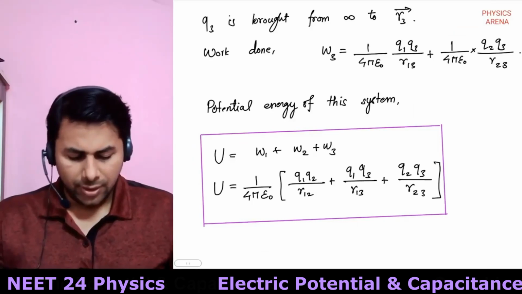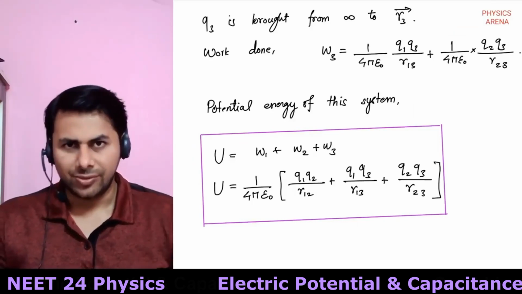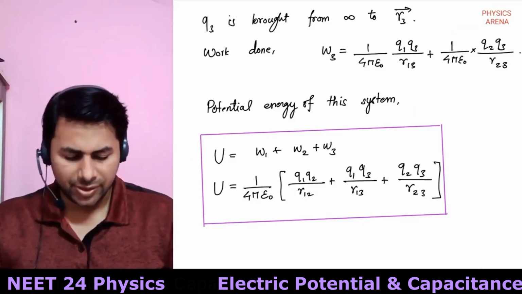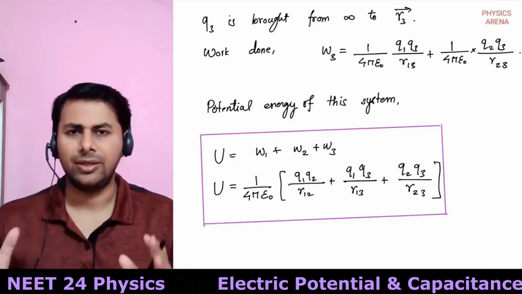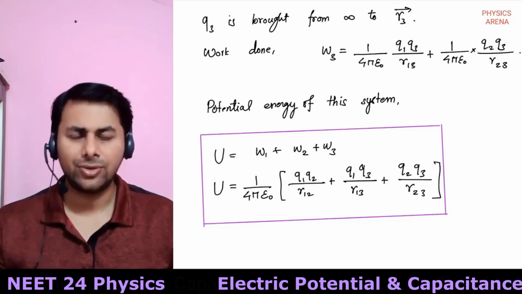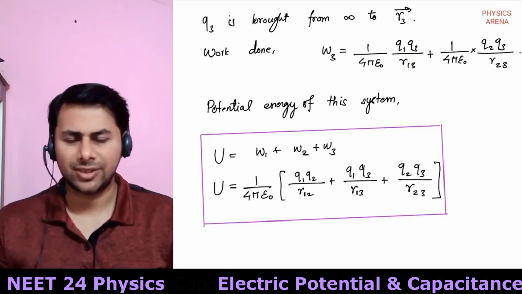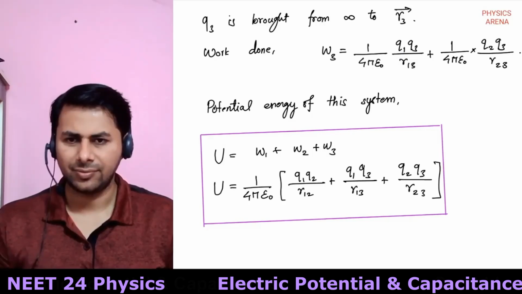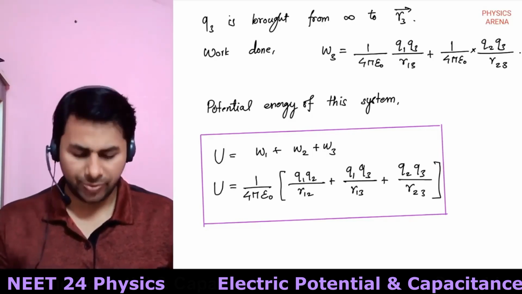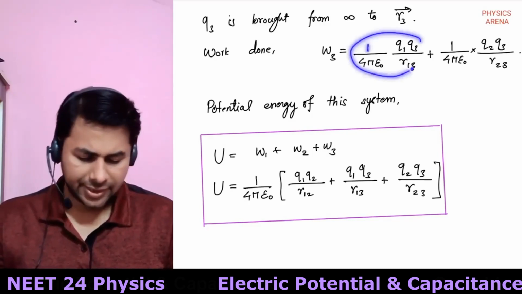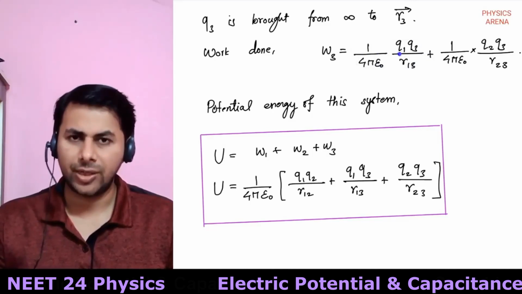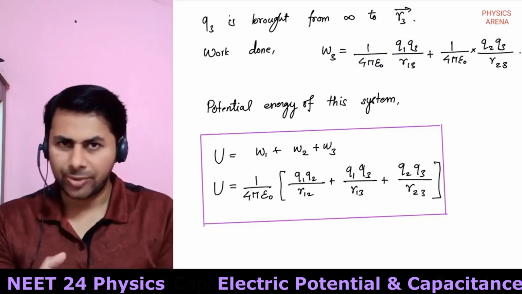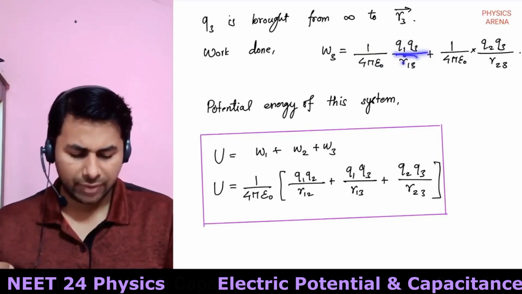Now suppose you bring a third charge and you keep it at distance r13 from the first one and r23 from the second one. So now you have to do work against both of these charges. That work done would be, against q1, 1 upon 4 pi epsilon naught multiplied by q1 times the charge you are bringing, that's q3, upon r13.